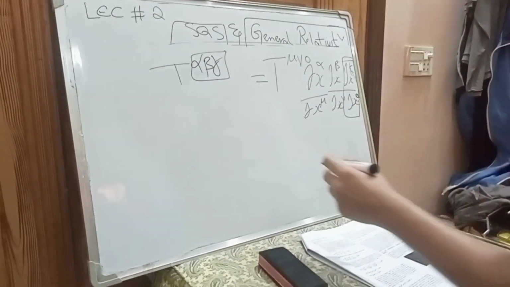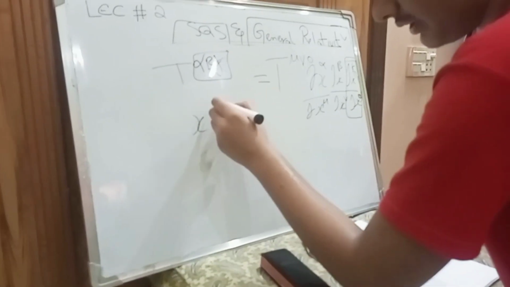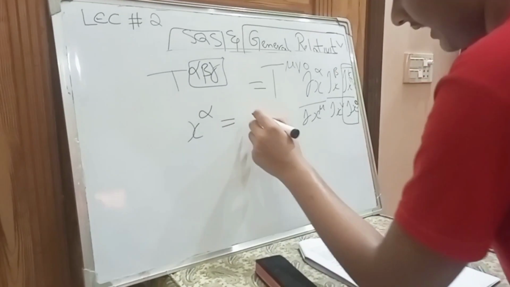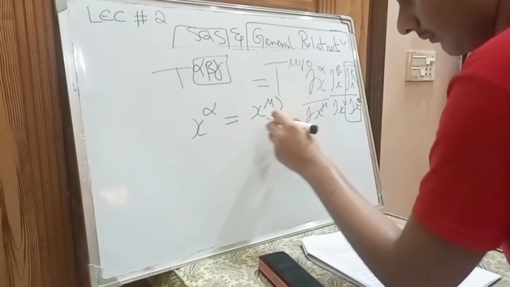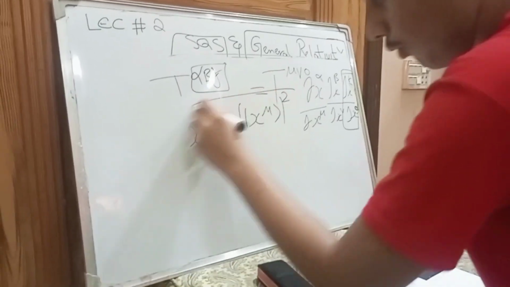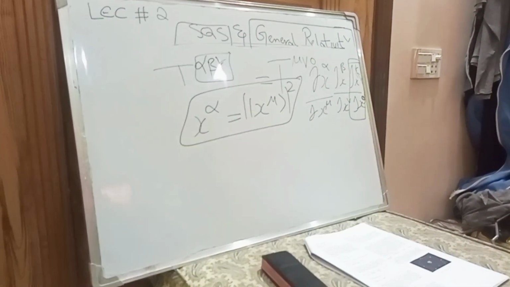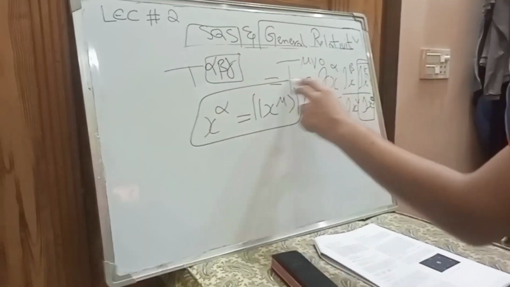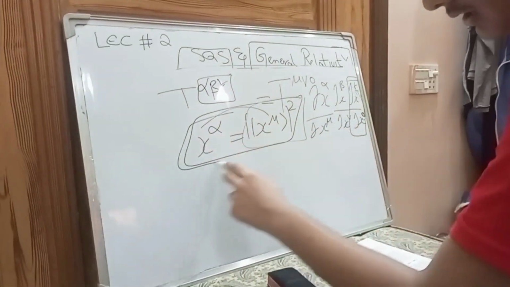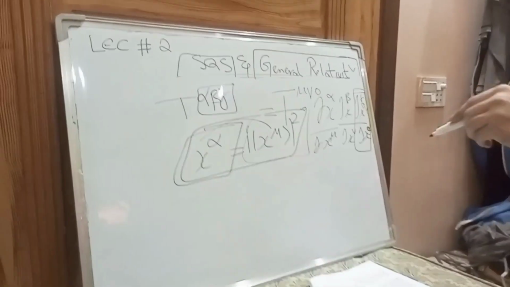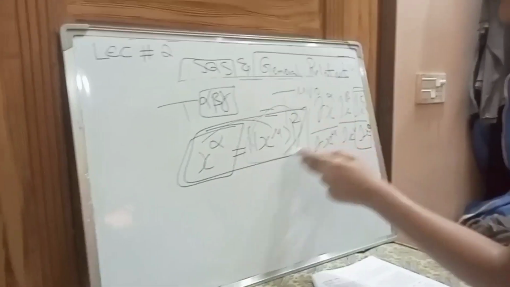Now let's derive the function. According to this hypothesis, let's say x alpha, it is equal to this mode square, meaning a lower dimensional object in higher dimension is equal to the probabilistic nature of the lower dimensional object.